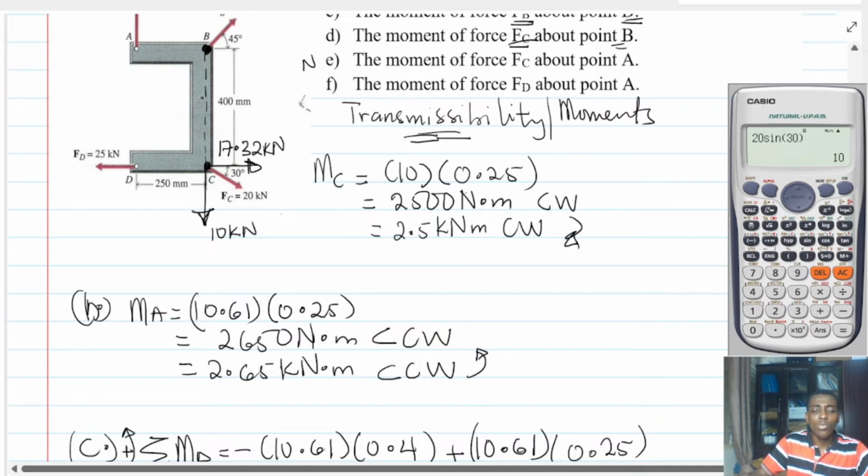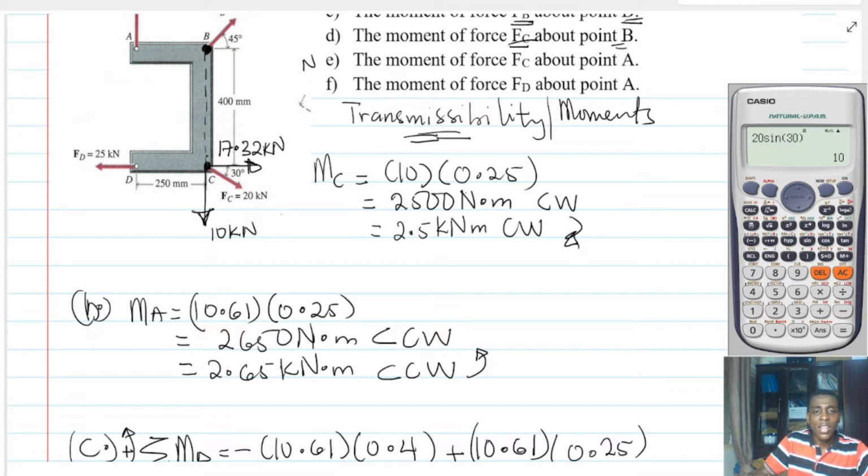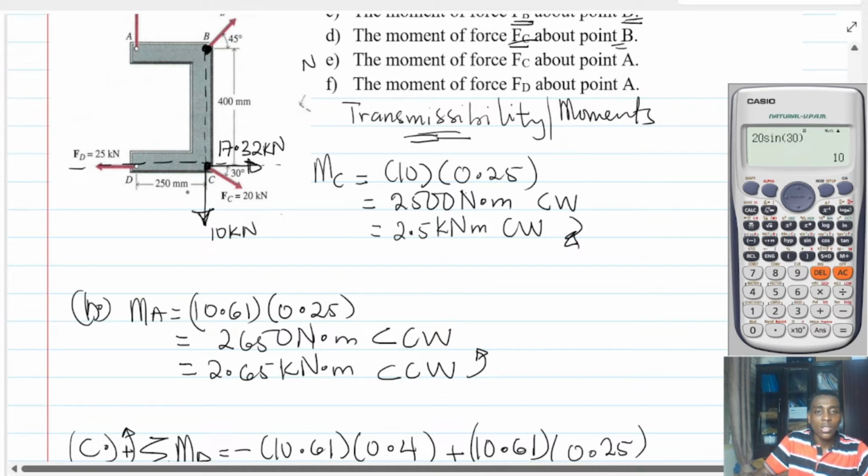Therefore, it doesn't contribute to any moment about point B. However, if I trace the line of action of the horizontal force, that is it. So I just need a perpendicular distance from this point to this point. And that is what? 400. So the actual moment is going to what? And you know, this is going to cause some anti-clockwise moment.